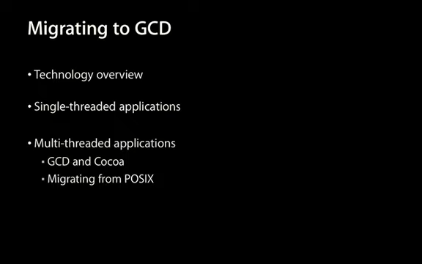And then the rest of the talk will be devoted to converting multi-threaded applications, whether that's Cocoa or POSIX layer. You're probably using a lot of pthread and POSIX API, and so we'll deal with those individually and talk about how they map into the GCD API.